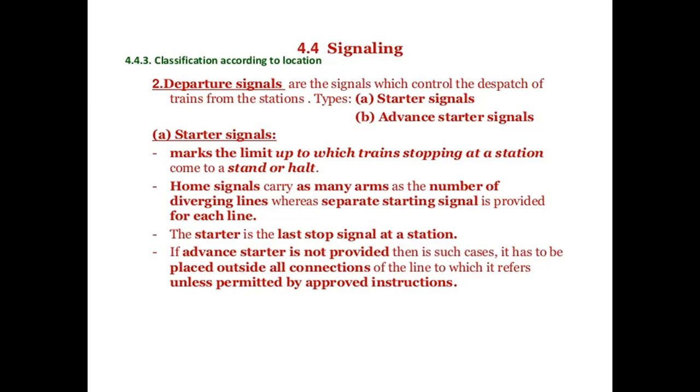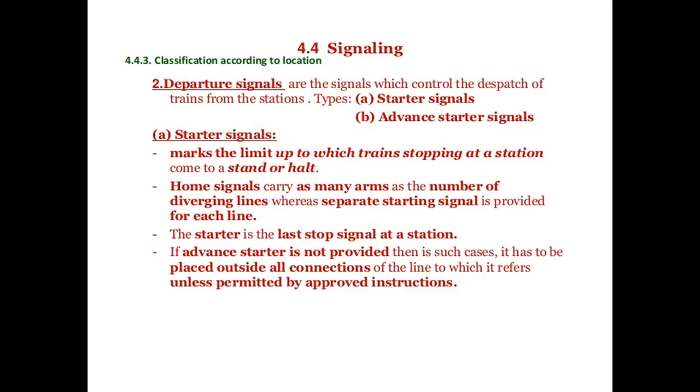Home signals carry as many arms as the number of diverging lines, where a separate starting signal is provided for each line. The starter is the last stop signal at the station. If an advanced starter is not provided, then it has to be placed outside all connections of the line to which it refers, unless permitted by approved instructions.